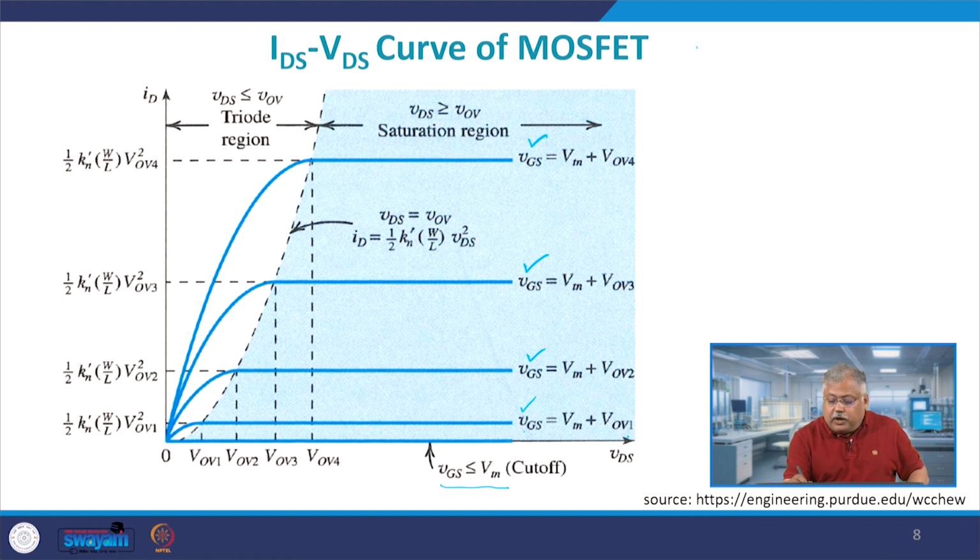So when my VGS is less than or equal to the threshold voltage, the device will be in the off state. Correct? Which is shown here.